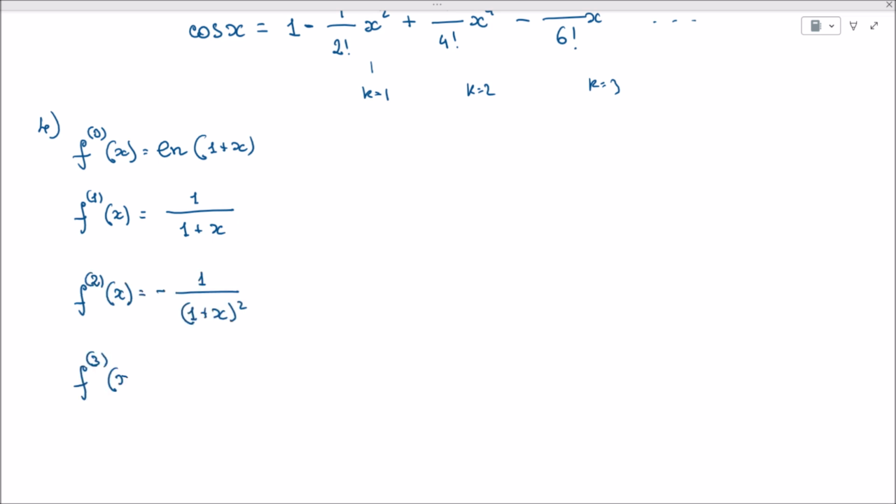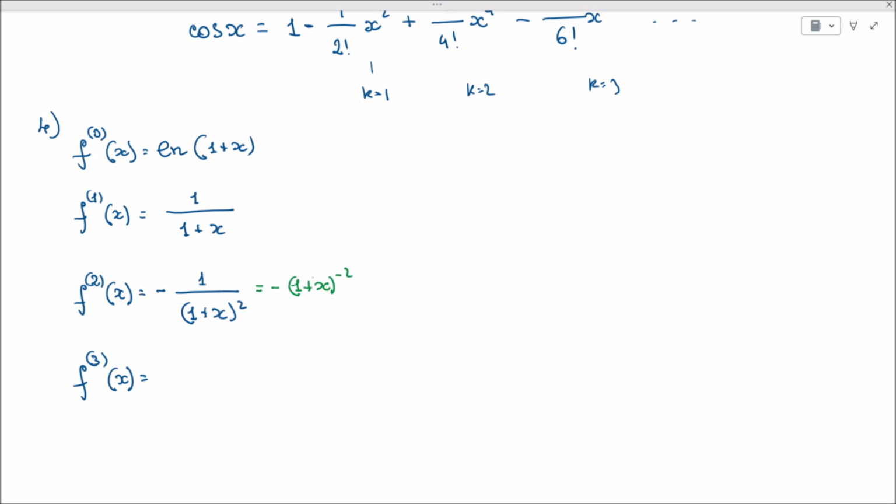Remember that this can also be written as, let me use the green pen here, minus 1 plus x raised to the minus 2. Excuse me.